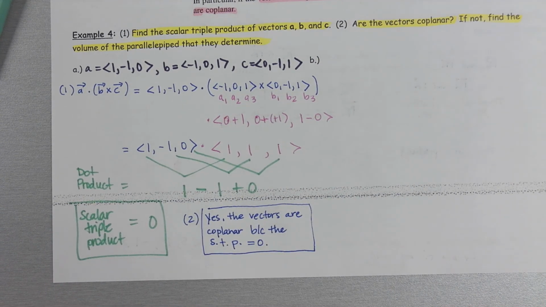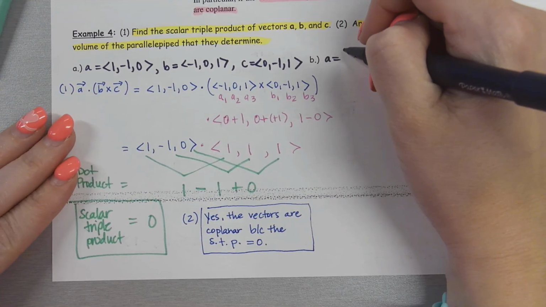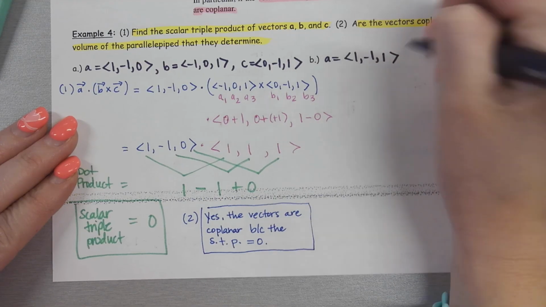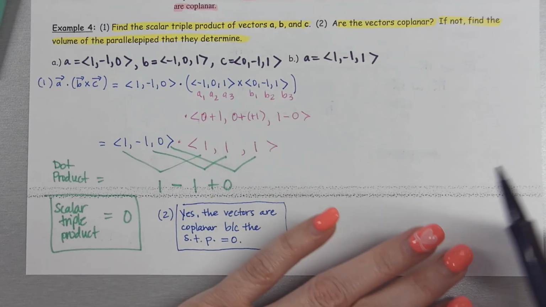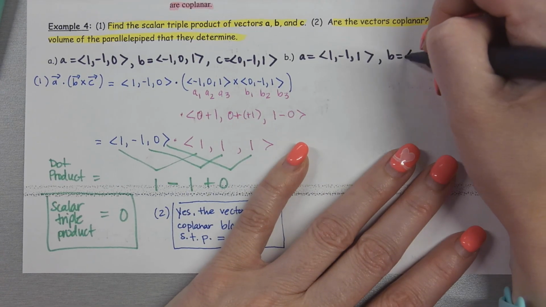Alright, and then the vectors for B are 1, negative 1, 1. Sometimes I think these are the trickier ones when you have all the 1s and the 0s there versus the larger numbers.